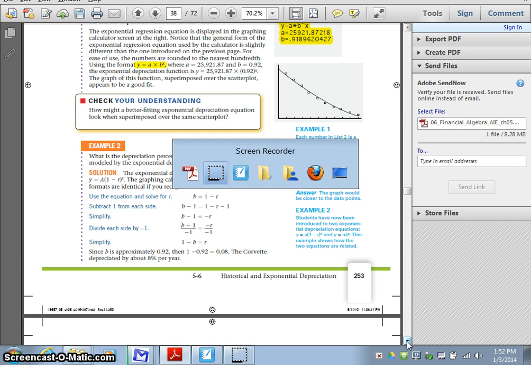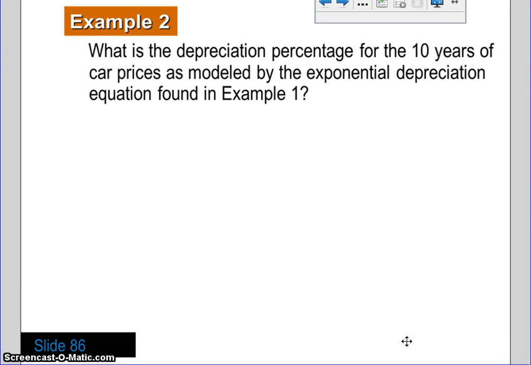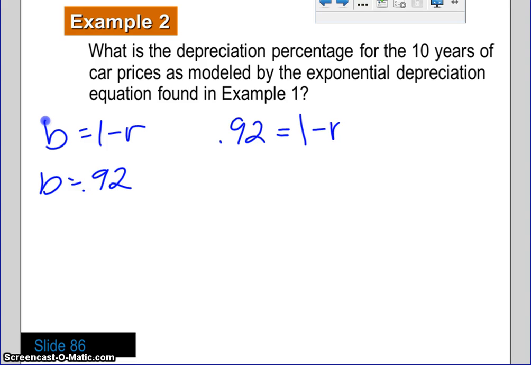So let's go over to our example 2, and we said here that b equals 1 minus r, with r being my rate. It says, determine what is the depreciation percentage over the 10 years. Well, I know that b equals 0.92.